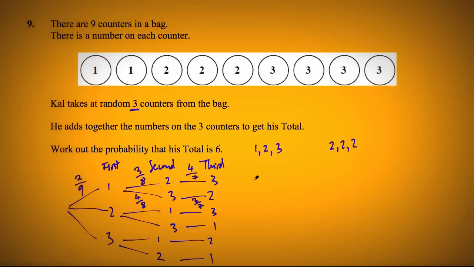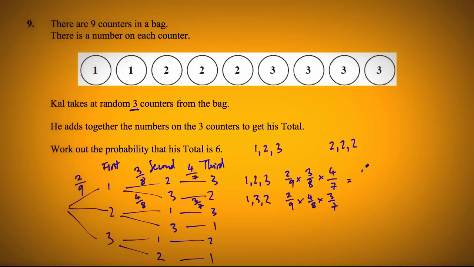So if I just look at this first one, probability of getting 1, then 2, then 3, that would be 2/9 times by 3/8 times by 4/7. And probability of getting 1, then 3, then 2 is 2/9 times by 4/8 times by 3/7.